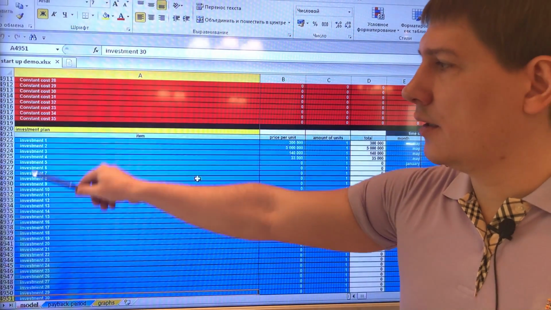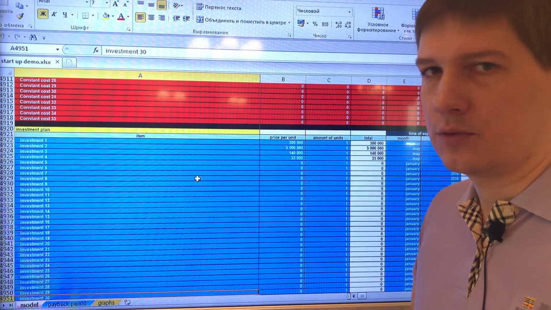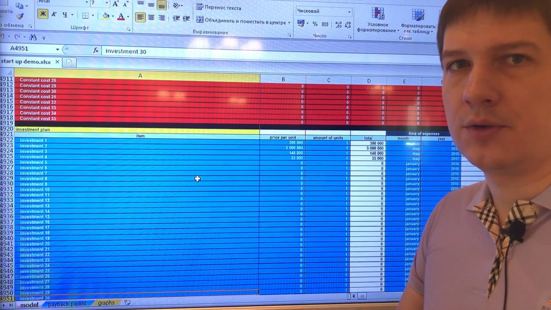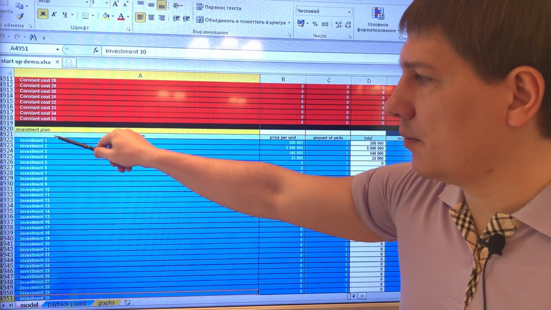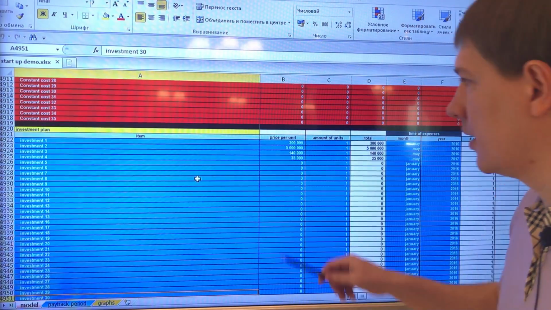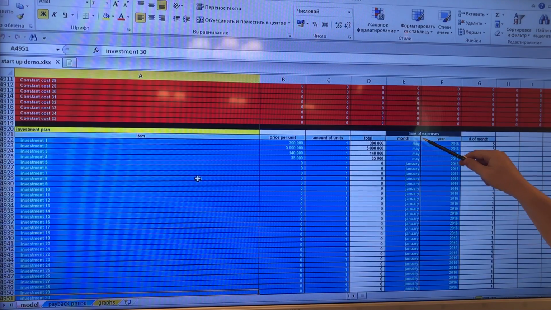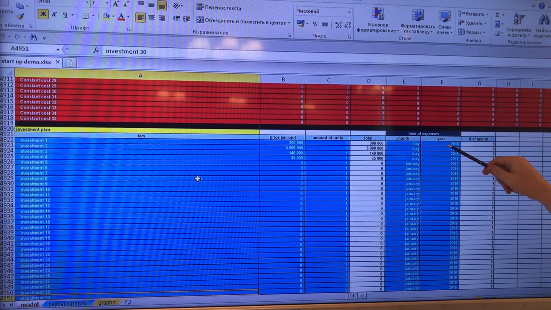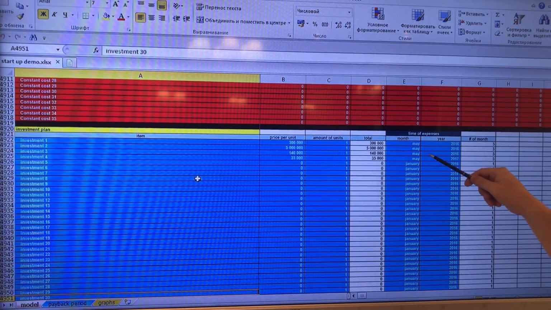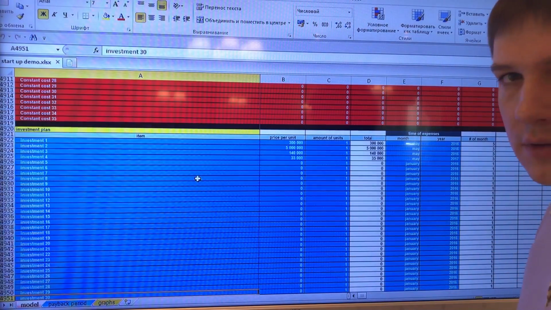And here we have the investment plan. We also have to buy servers, some computers, some additional features, and here we name the item we need to buy. Here we put the price per unit, the amount of units we buy, and here we put the month and year when we buy this investment item, and this automatically affects the investment plan and goes to the cash flow statement.